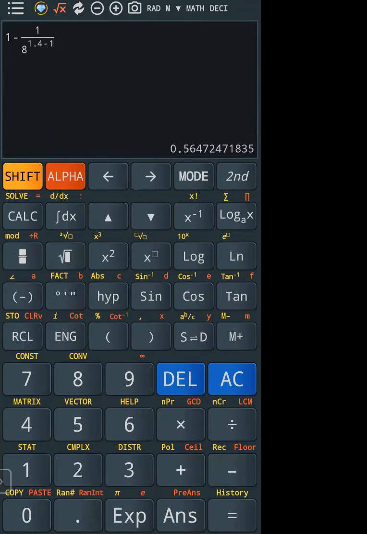How much answer are we getting? We are getting 0.5647. This is nothing but 56.47%. So this is the efficiency of the Otto cycle. The Otto cycle is 56.47% efficient.